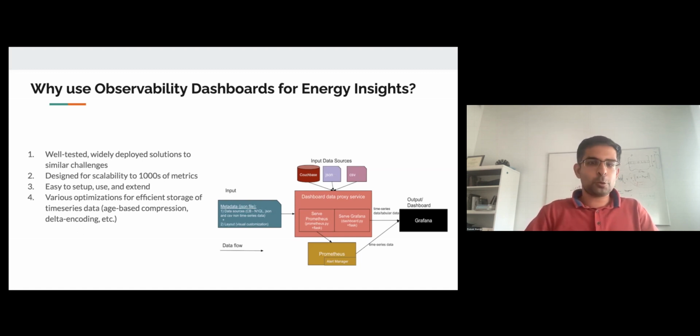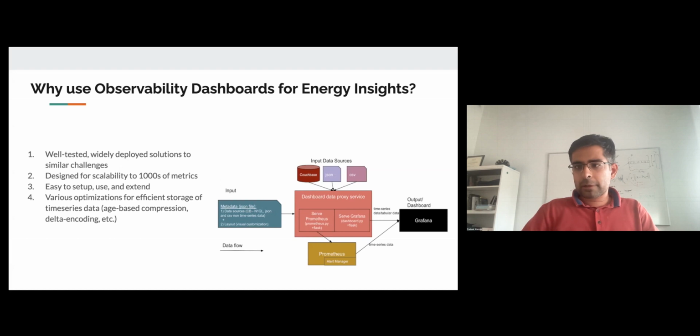They're fairly easy to use, extend, and deploy, and you can develop a lot of tools using the APIs they provide. Finally, they also have a large number of optimizations for storing a special type of data, which is time series data. There are many compression-based techniques for reducing your total storage overhead while retaining access speeds.